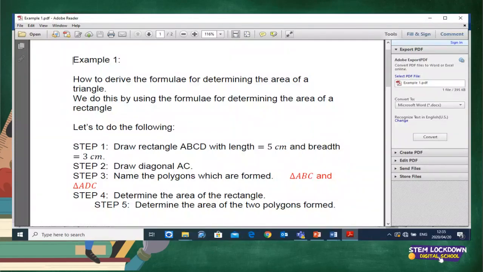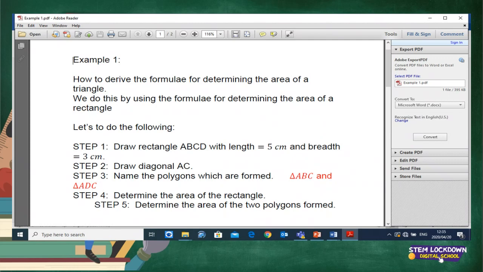Now, if you take the following example, how do you derive the formula for determining the area of a triangle? How are we going to determine the area of a triangle? Very simple. Very, very simple. We do this by using the formula for determining the area of a rectangle.